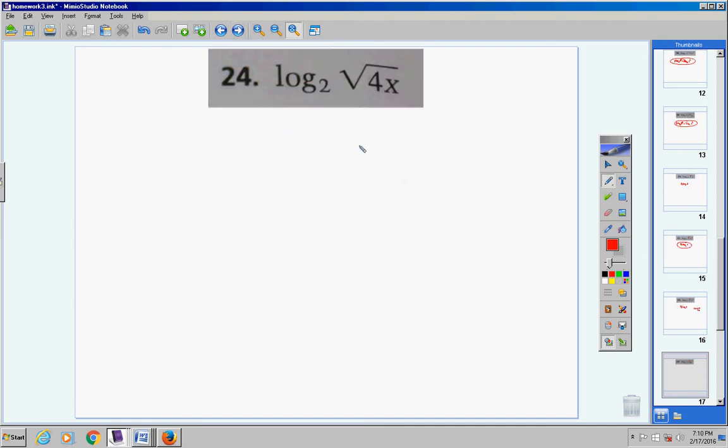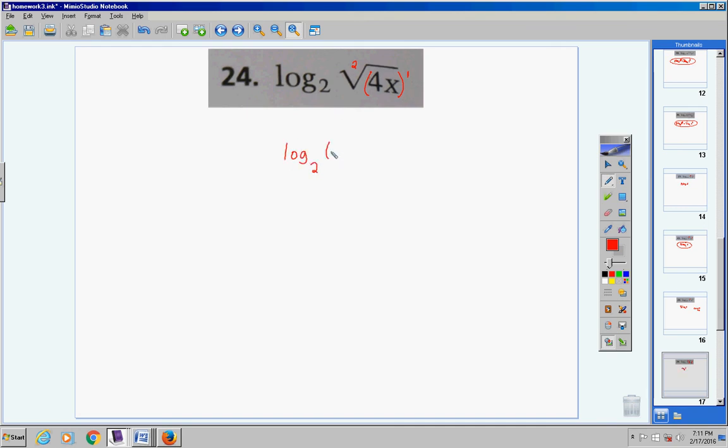Alright, number 24. Now, let's be really, really careful here, okay? There's quite a few ways to do this, students. I'm going to do this different ways. Okay, first of all, this entire expression under the radical is one term. It has a power of 1, and your index is 2. So you could do this if you wanted to.